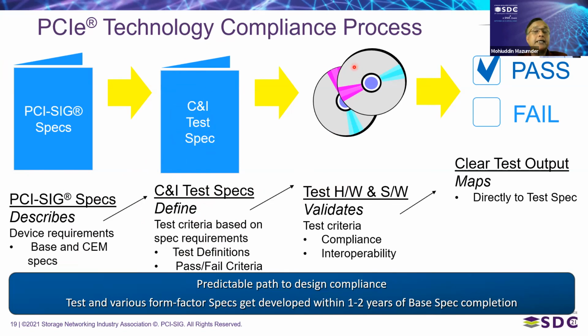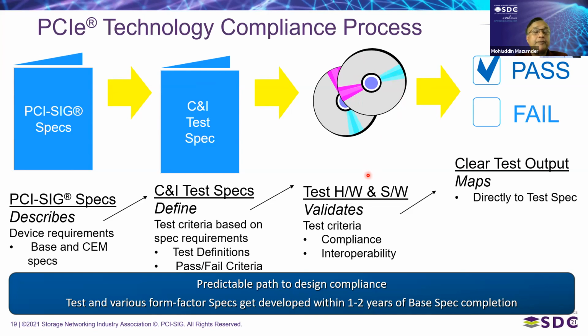And then PCI-SIG holds about 4 compliance workshops, where industry members bring their systems and cards, and test and measurement vendors bring their capabilities. This process continues to develop a mature and robust program for compliance. And at a certain point, after the specifications are developed, there would be something called an integrators list.